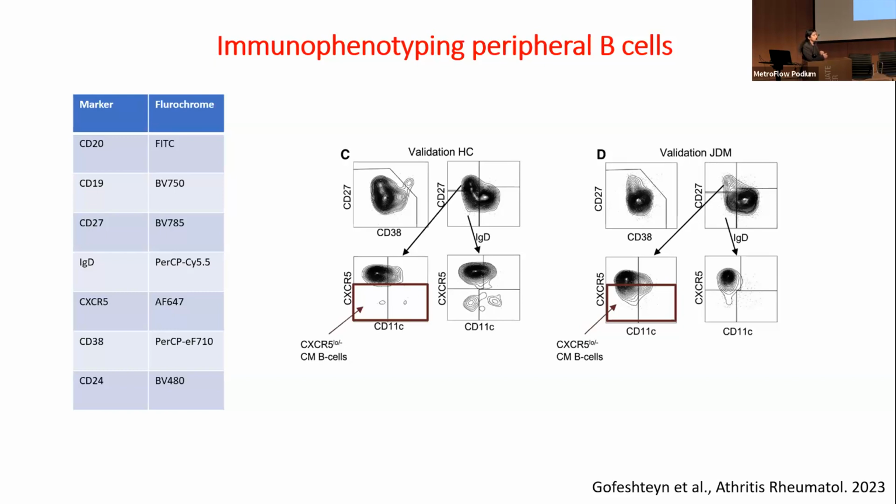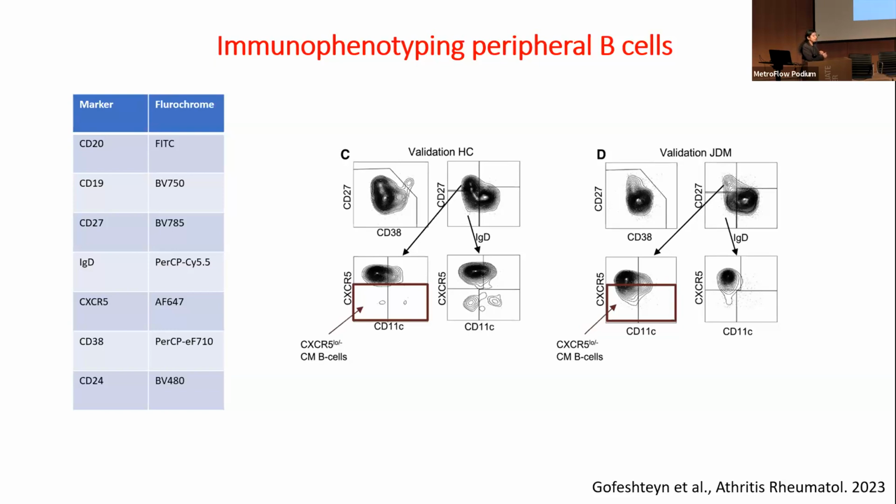This gating was to find if there is CXCR5 expression, to see if we find extrafollicular B cells. What I wanted to point out was that in SLE patients, we find an expansion of the double negative cells, which are CXCR5 negative.